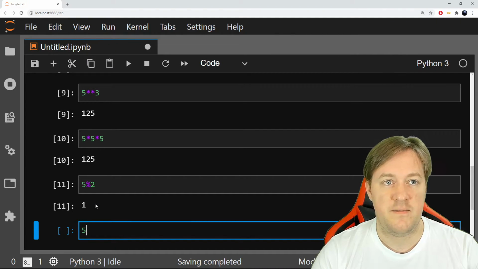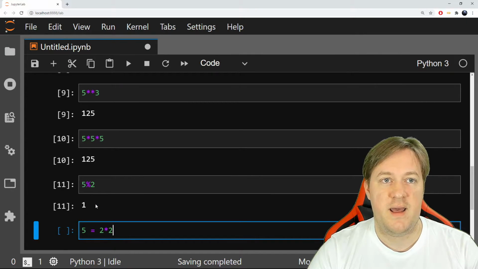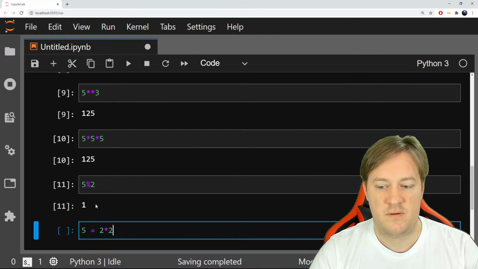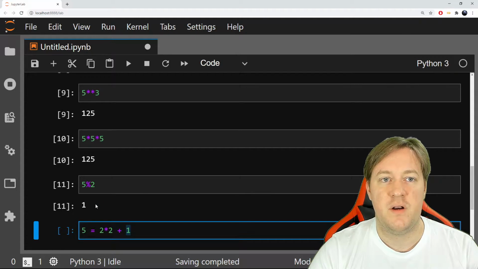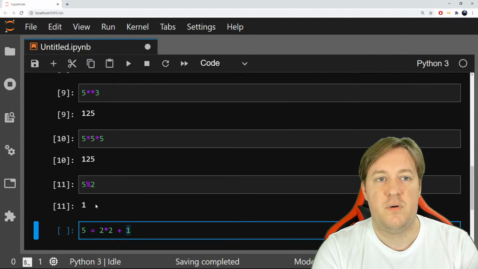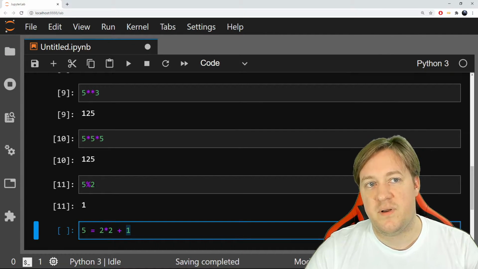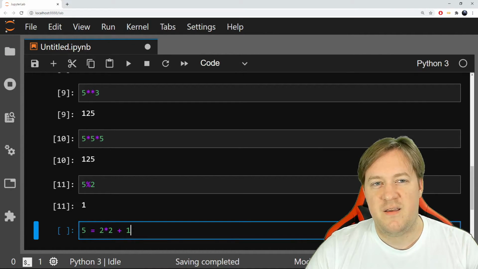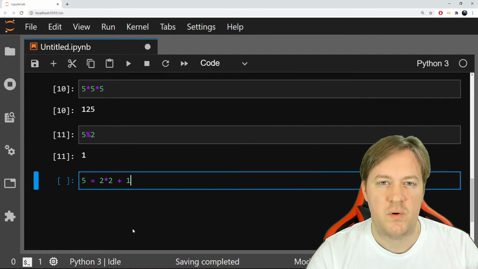So 5 is 2 times 2, which would be the integer part of the division, plus 1. The modulo is this plus 1, what remains from the division. If you divide by 2, what is the part that remains? It's this one. If you don't get it, that doesn't really matter, but it's important to know that's how you do it. When you need modulo, you know it's there.